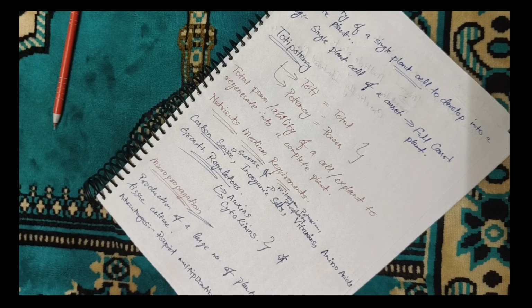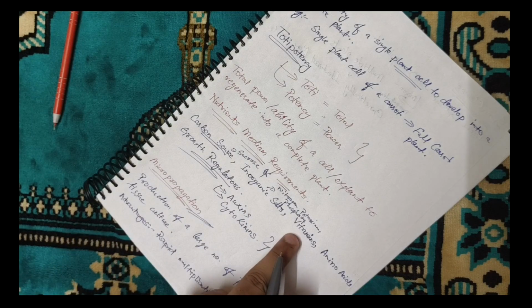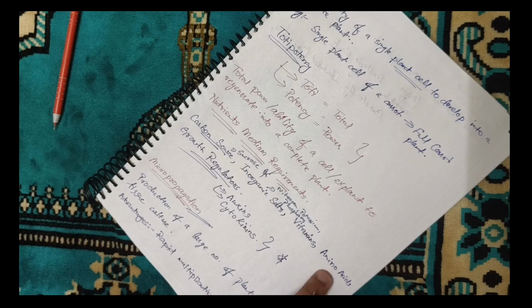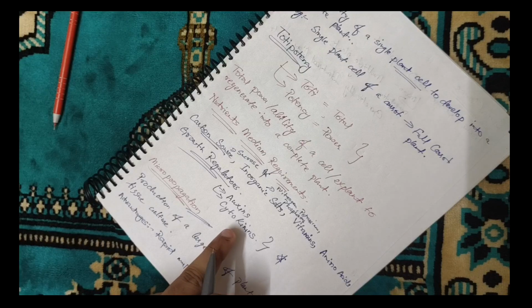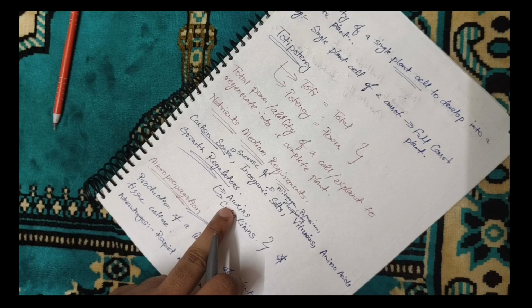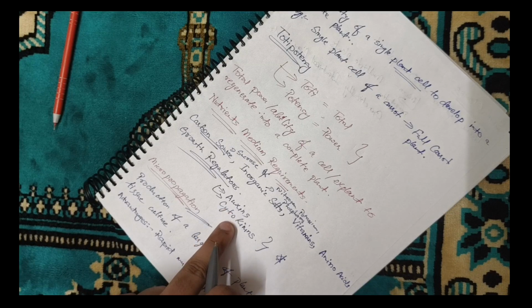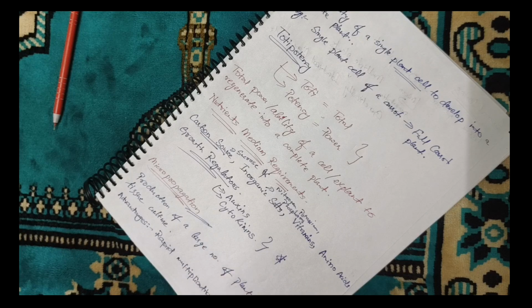Okay. Vitamins are used to help in metabolism. Amino acids are used to help growth and protein synthesis. And growth regulators: auxins are used to promote root development, and cytokinins are used to promote shoot development.